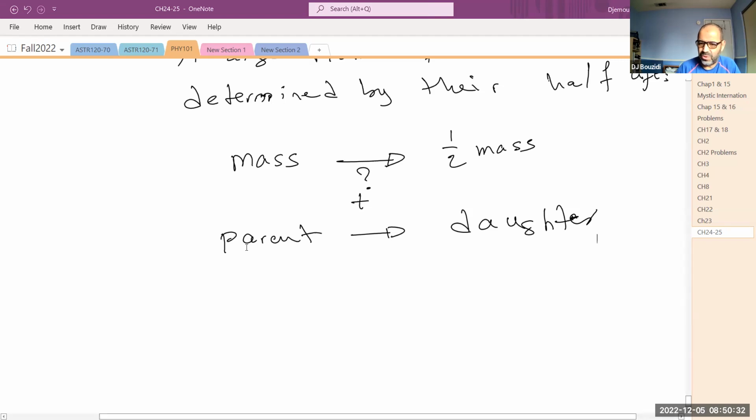Some elements take a few seconds and they become radioactive. Some, a few minutes. Others take thousands of years. For carbon-14, for example, to decay to carbon-12, it takes a long, long time, about thousands of years. This is what is used for carbon dating.